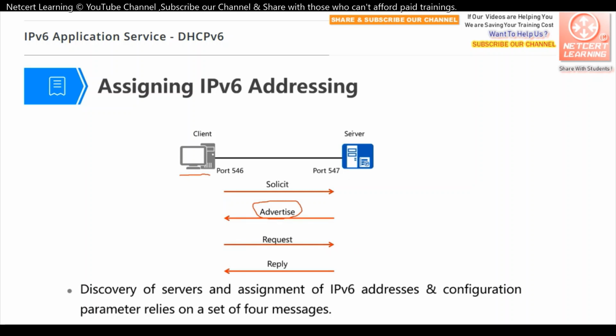Then that optimal server will send a reply packet to the client to confirm that this IPv6 address is used by you, okay? And other servers will not send a reply and their addresses will not be used.